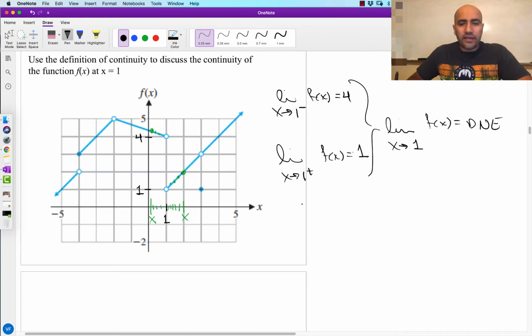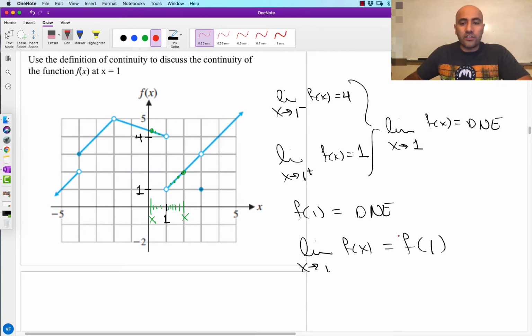Also note in this case, f of 1 does not exist either. There's a little hole there, so definitely does not work. So now if we bring them together into our statement, the limit as x approaches 1 of f of x, when we compare it to the actual value of the function at 1, they definitely don't equal each other.